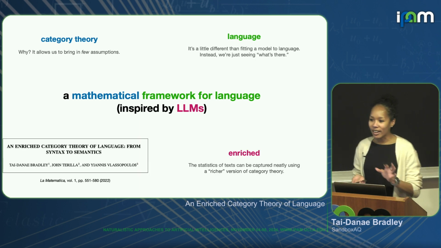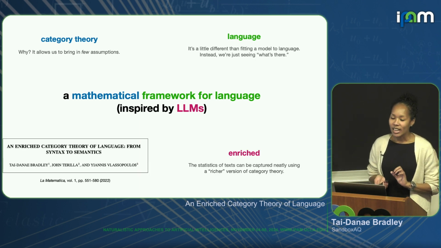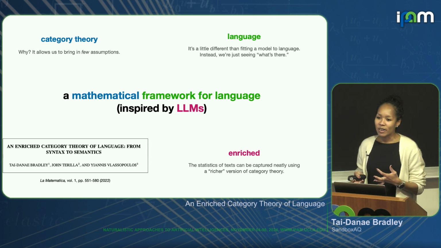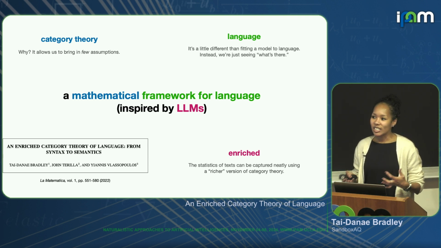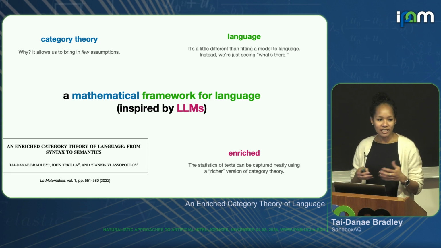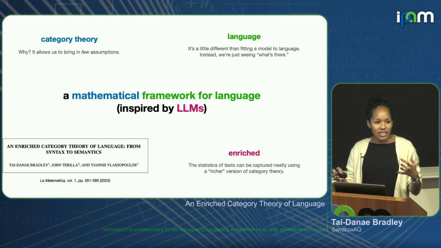And when I say inspired by large language models, I don't mean we're picking an LLM and then looking inside and trying to describe the architecture, but rather this curious fact that, in the tradition of the distributional hypothesis in linguistics by Zellig Harris in the 50s, the words that appear in similar contexts have similar meanings.